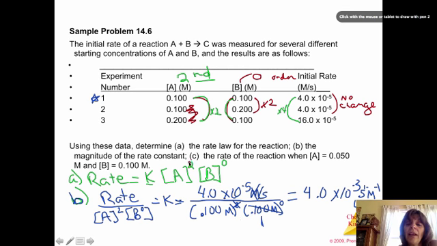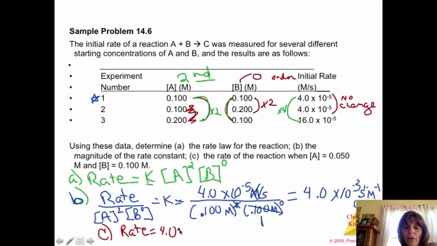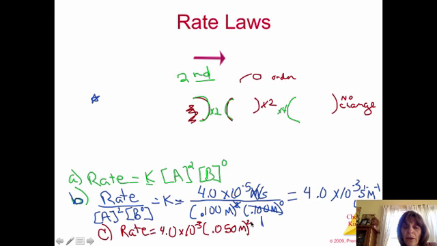Now, third, now that we have the K value, we can actually calculate the rate of reaction at any particular set of values at that temperature. So let's say we want rate equals 4.0 times 10 to the negative third, and A is 0.050 molar squared.